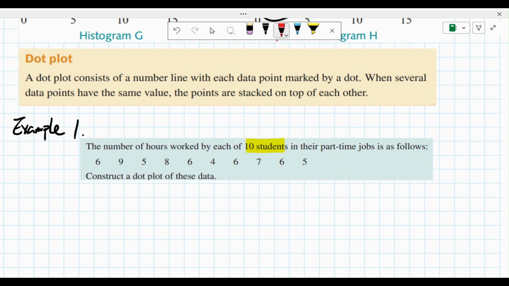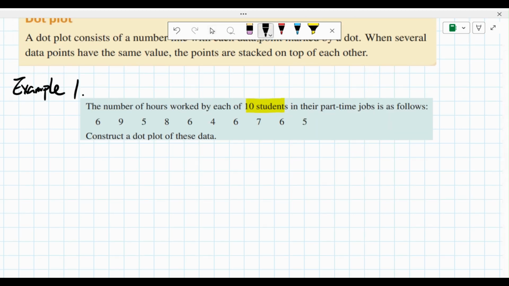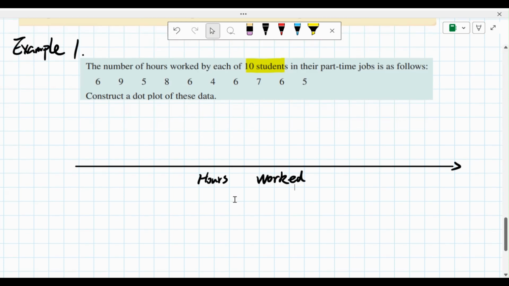Okay, 10 in total. So I'm gonna draw the hours worked, which is the plan first. First things first, draw the horizontal line. The plan is called hours worked. Perfect. Let's start at 4, because I saw the minimum point is 4 and the maximum is 9.